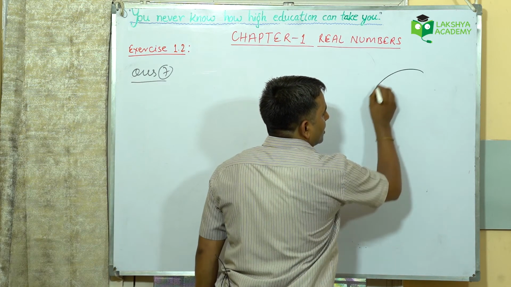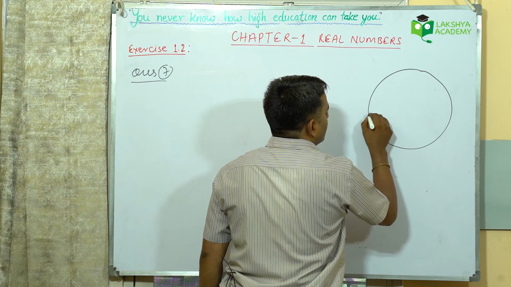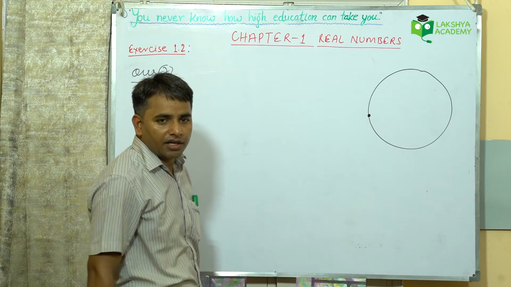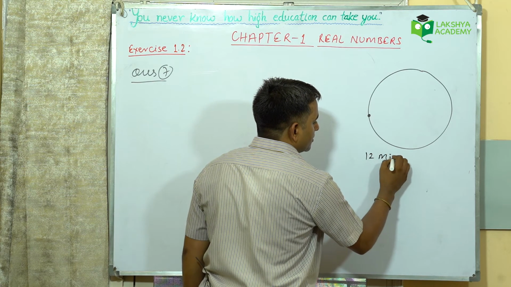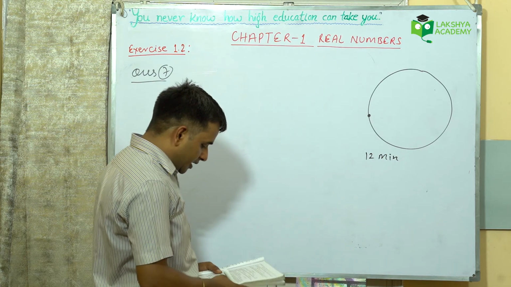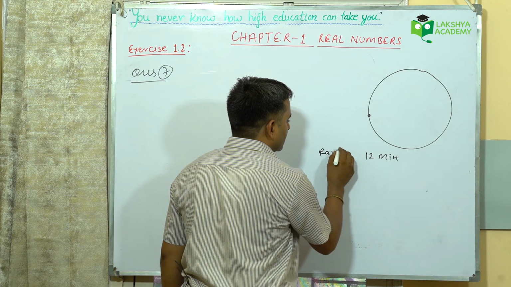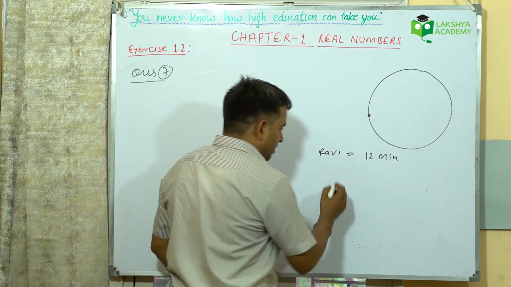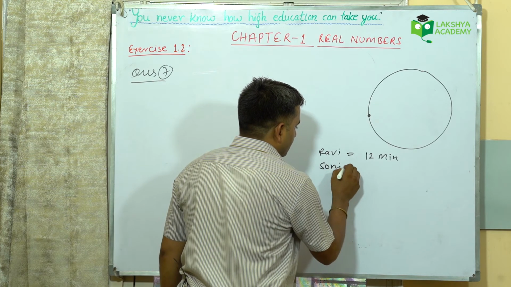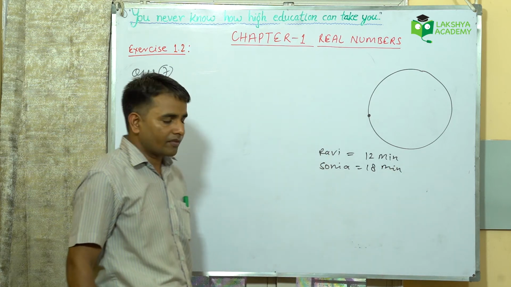Now this is the circular park, and both of them are starting from the same point. One takes 12 minutes to complete and another takes 18 minutes. So Ravi takes 12 minutes to complete and Sonia takes 18 minutes.